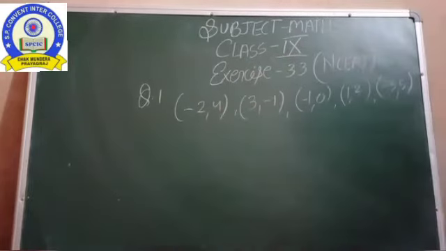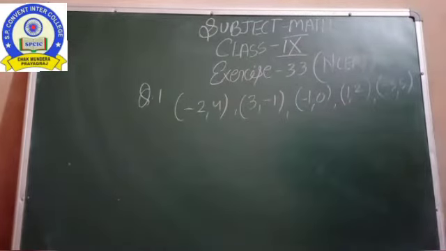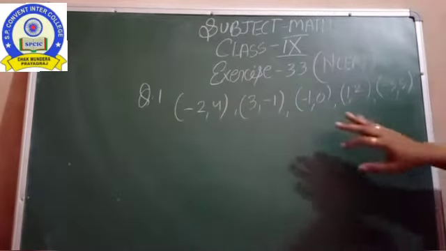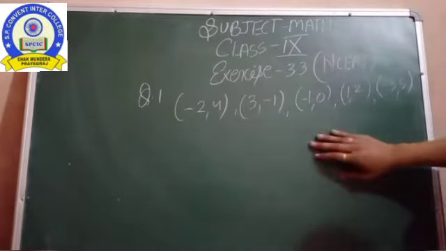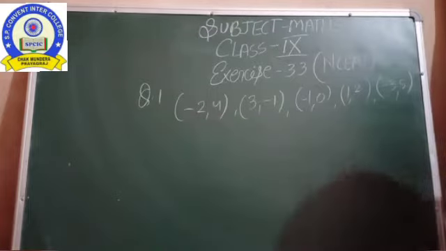So first of all, we know that any point is located using two axes. This is the x-axis and this is the y-axis. The first coordinate is also known as the abscissa and the second is the ordinate.